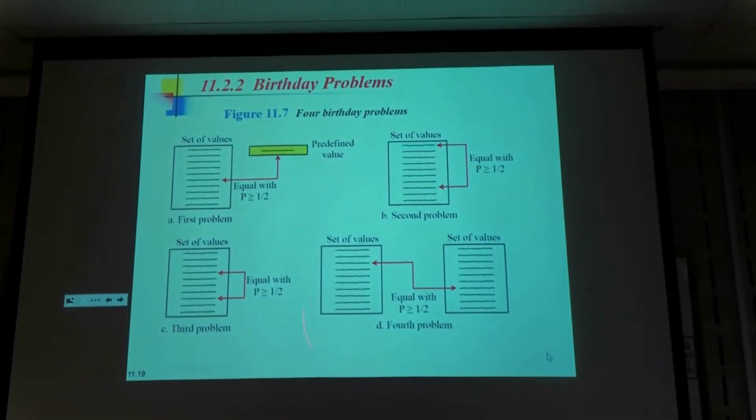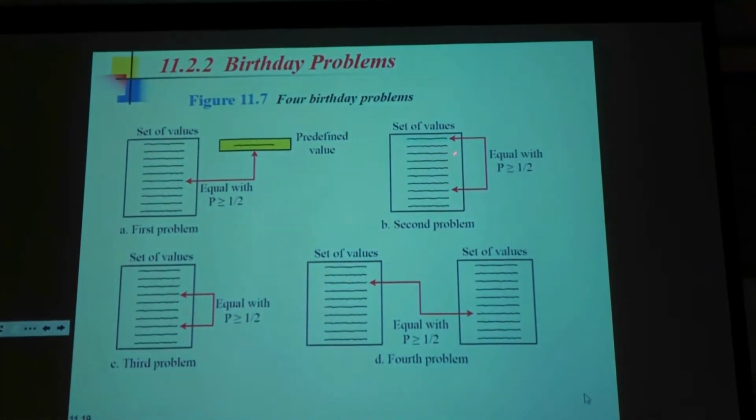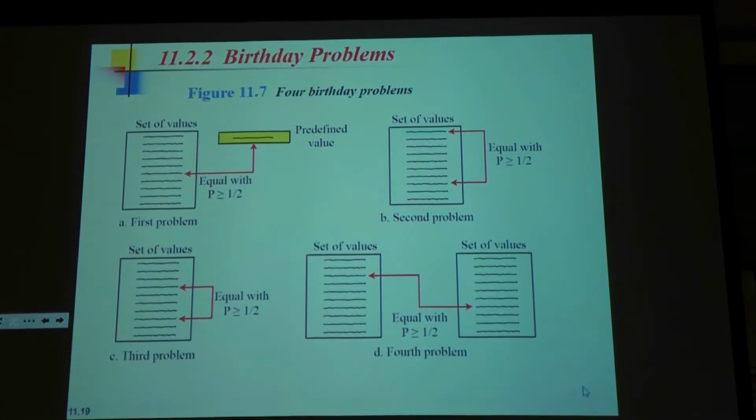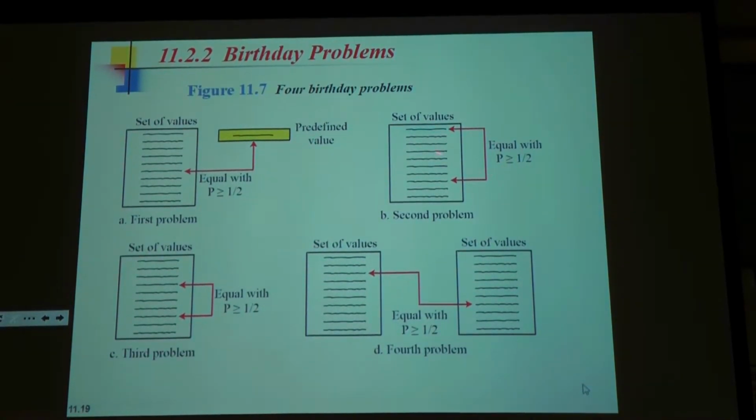So in problem number 2, we don't have a predefined value. What is the probability that 2 students will have the same birthday in the set? Let me read it for you. What is the minimum number k of students in the classroom such that it is likely that at least one student has the same birthday as a student selected by the professor?